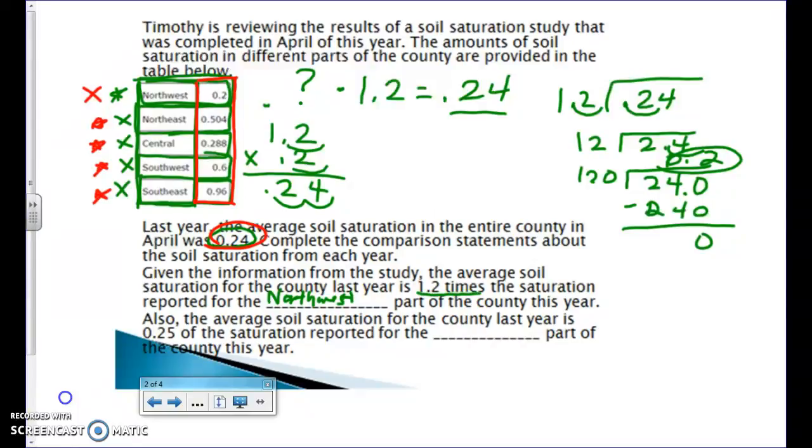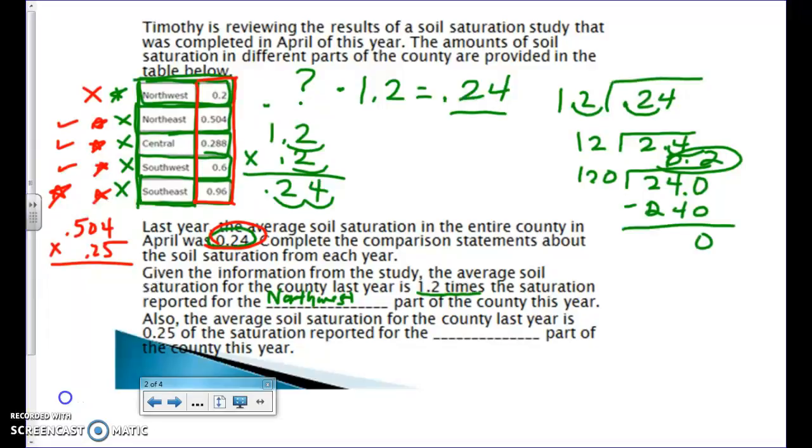So what I could do is I could take 0.504 times 0.25, and then I could try the same thing for this one, this one, this one, this one, but Mr. Gillum, since he's done a lot of these, and I don't want you to spend all night on this video, knows that 0.24 is 1/4 or 0.25 of 0.96. So I'll show you.